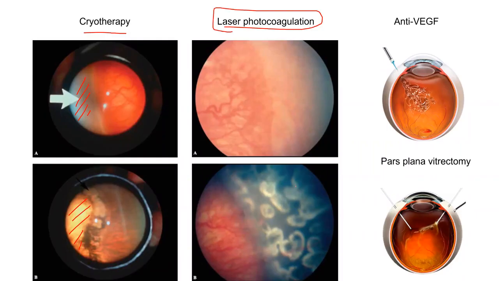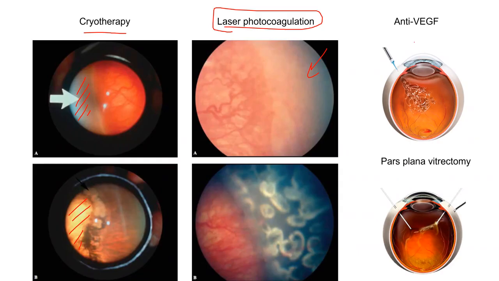By doing laser, we are destroying the retina, so this retina will not release the angiogenic factors and will not cause new vascularization, which would later cause fibrovascular proliferation, contraction and detachment. So this is the treatment for zone 2 and zone 3.